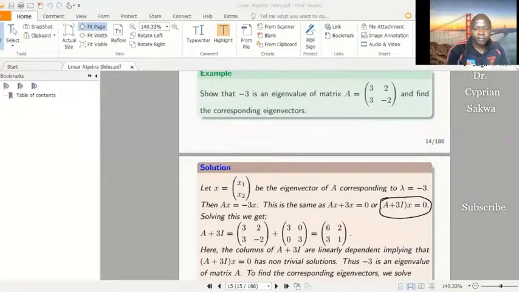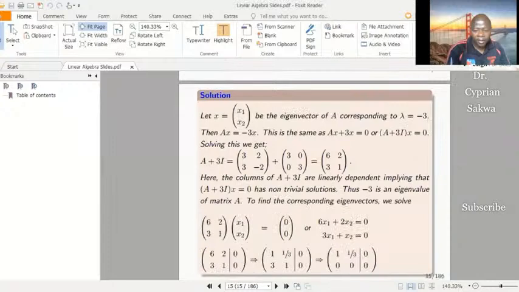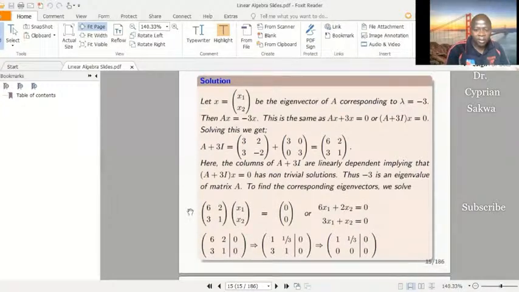I've said here that to find corresponding eigenvectors, we solve this. I took A + 3I, which was given as 6, 3, 3, 1. So when you multiply by x, and I've selected this x to be x1, x2, and equal to 0, this is what you come up with.